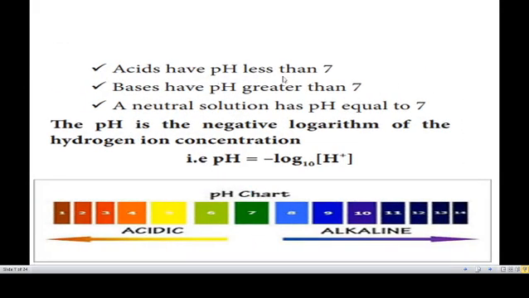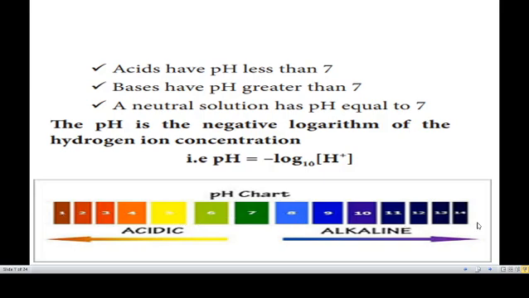Acids have pH less than 7. This is the pH chart, numbered 1 to 14. So 7 is the neutral stage. This side is acidic in nature.